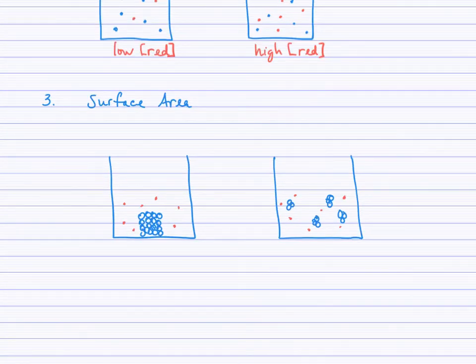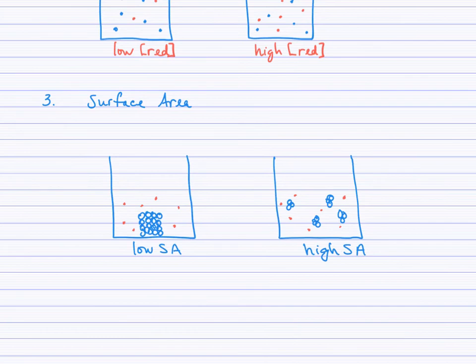Okay, considering surface area. To illustrate the difference here, you'll notice that the blue reactant in the beaker on the left has what we consider a low surface area. And why is this a low surface area? Because the sample, maybe it's zinc metal for example, is all in one piece. Whereas if you look at the blue solid in the beaker on the right, this has a higher surface area. We've broken it up, whether it's been ground into a powder or just smaller pieces.